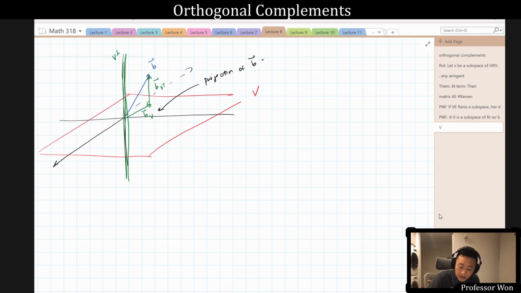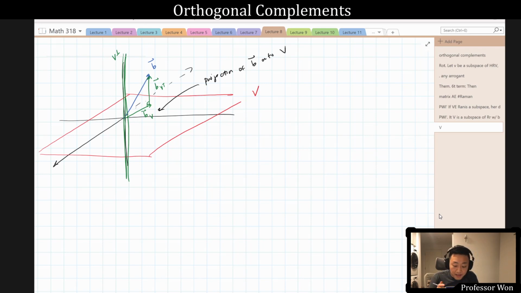And it turns out that what's left over is going to be orthogonal to V. And just from a geometric standpoint, what you're doing is you're just getting the closest vector in V to B. You look at the subspace V, and you take the closest vector that you can. It's closest in the sense that it will be a right angle away.